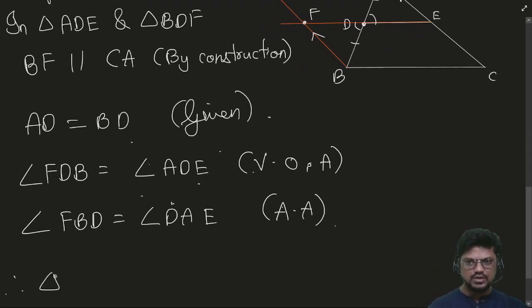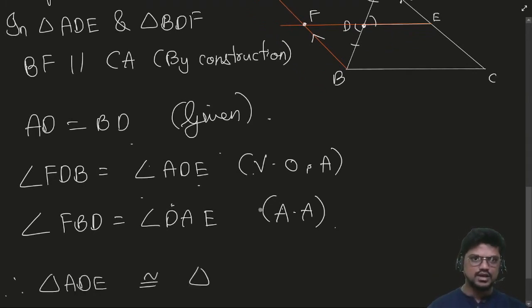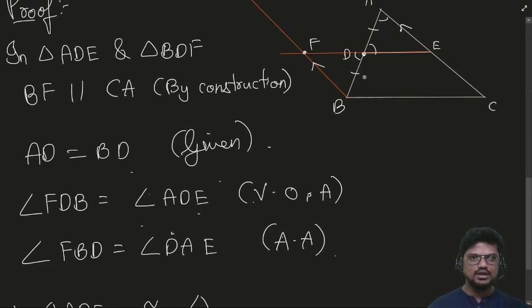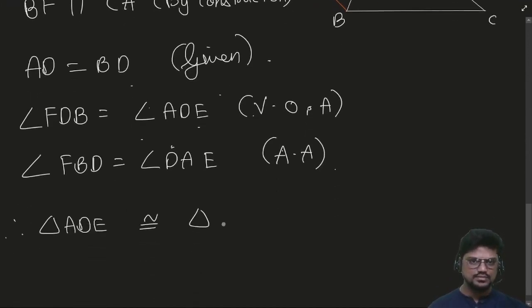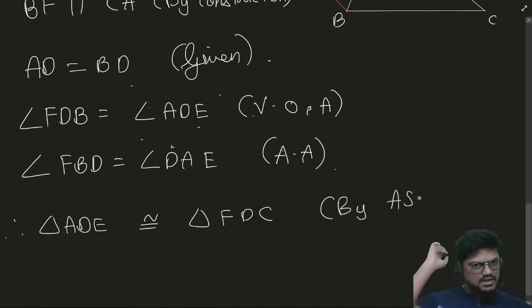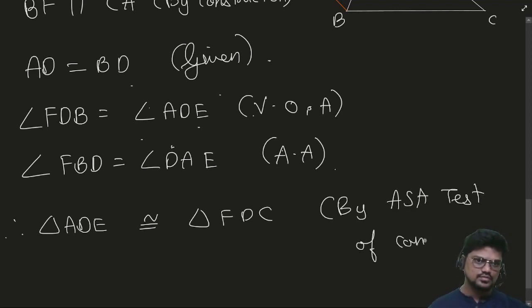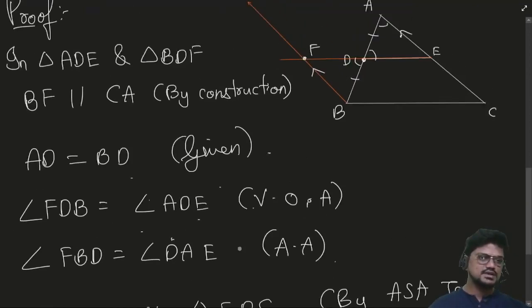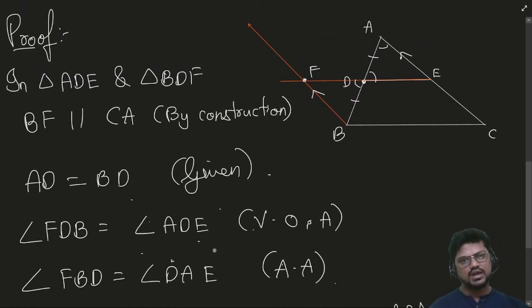Therefore, triangle ADE is congruent to triangle FDB by ASA test of congruency.